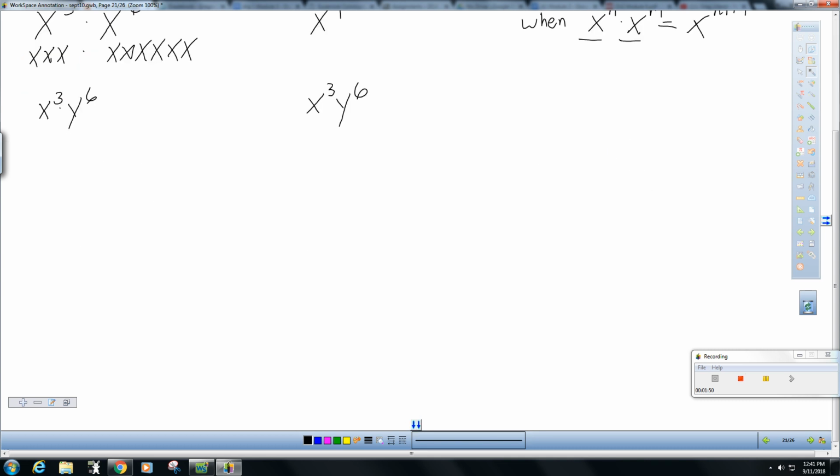Okay, next example. How about n to the 10th divided by n to the 8th? Well, maybe you already know this, but let's just write it out. We got 10 n's multiplying by themselves on top.